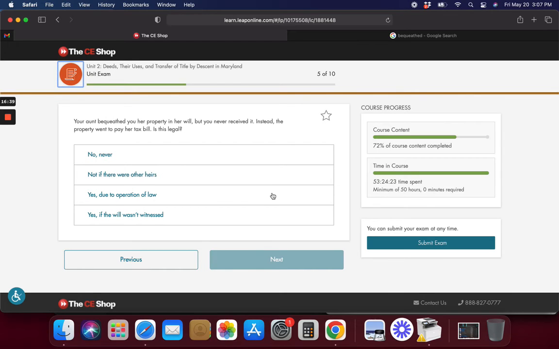I'm guessing. Okay, your aunt bequeathed you property in the will, but you never received it. Instead, the property went to pay her tax bill. Not if there were other heirs.